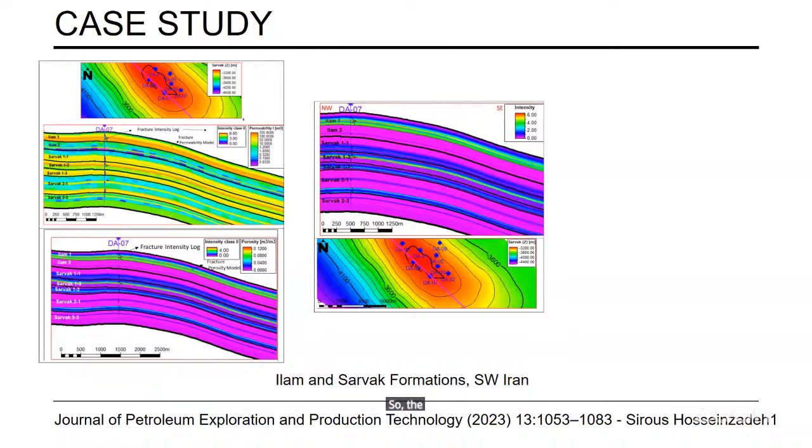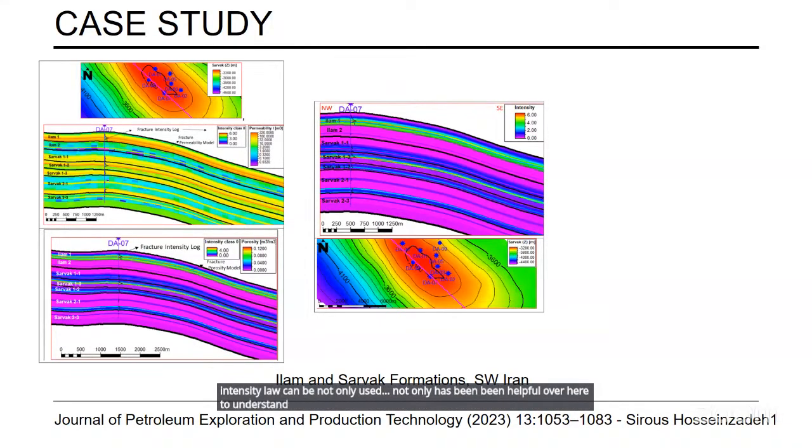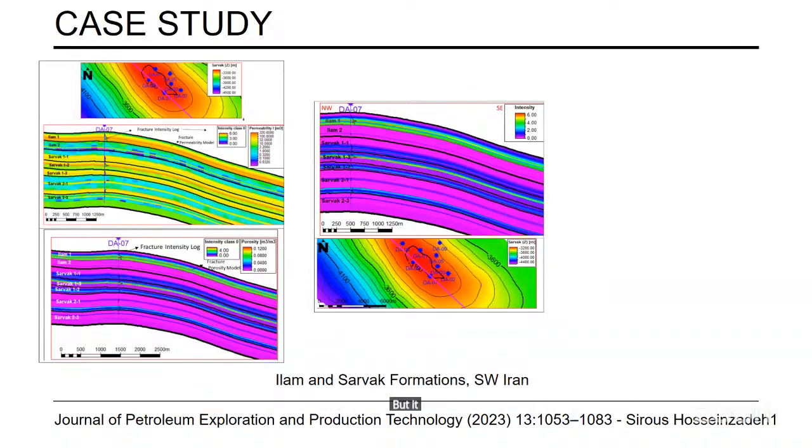The point I'm trying to make is that this intensity log has been helpful to understand which formation is producing more, since there are two formations, Ilam and Sarvak, but it can also help give you a location if you are in an appraisal phase or a development phase.